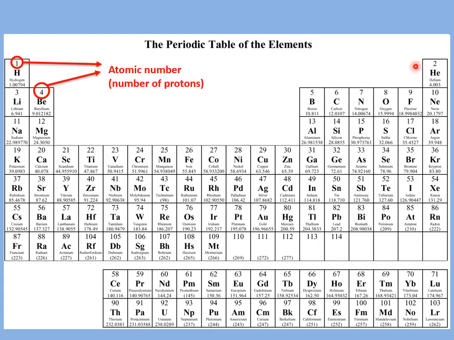So it goes 1, 2, and then here we see lithium is 3, beryllium 4, boron 5, carbon 6, and so on and so on. By the way, the organization of this chart or table into rows and columns is something that will be talked about in Physics 102.